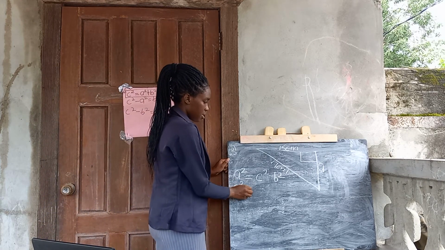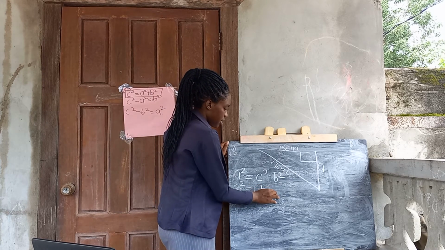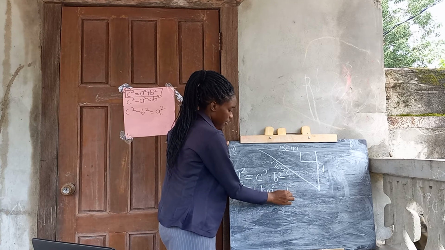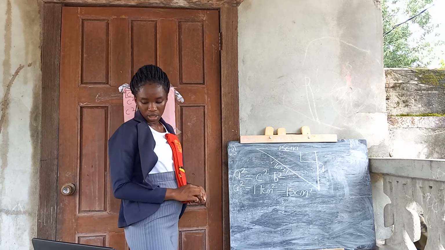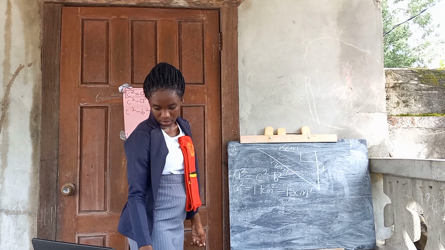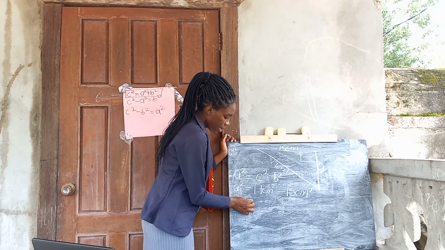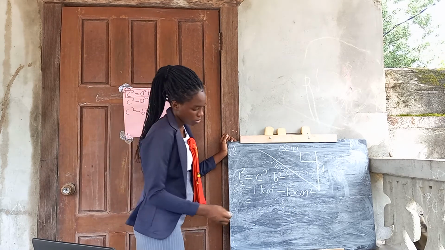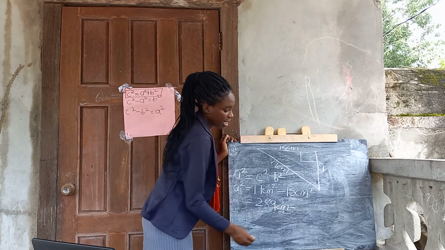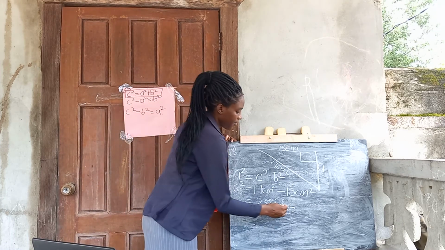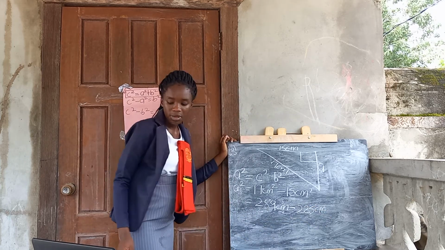So let's put in what we know. A squared. We know that c is 17 centimeters squared minus 15 centimeters squared. Is everyone seeing that? And when we square 17, what are we going to get? 289, minus, when we square 15, what are we going to get? 225 centimeters. Very good.